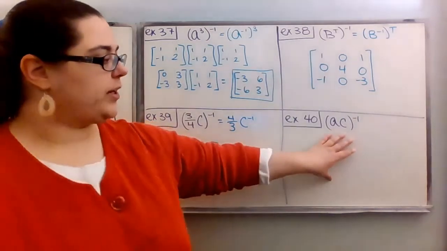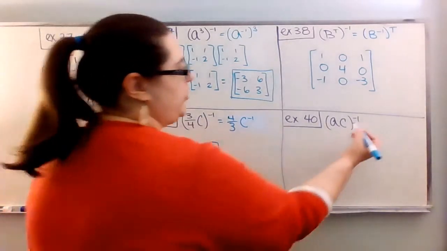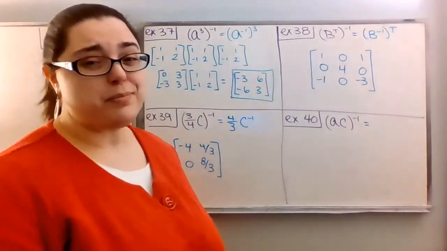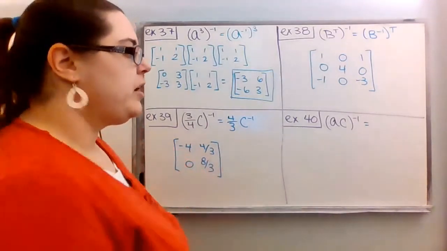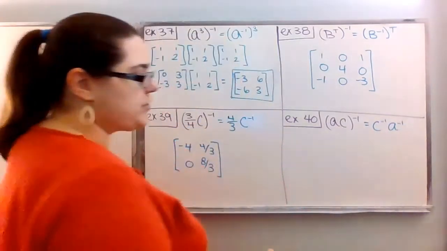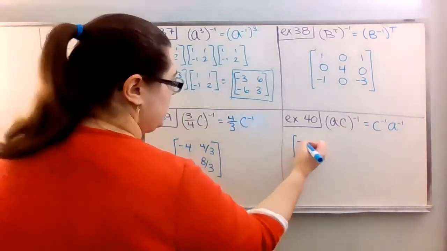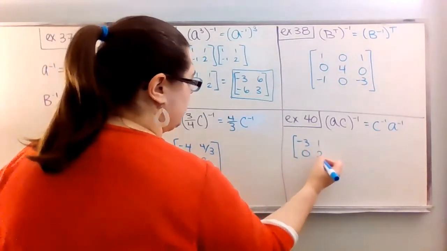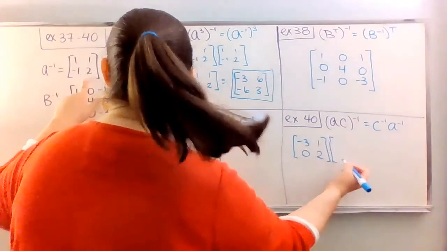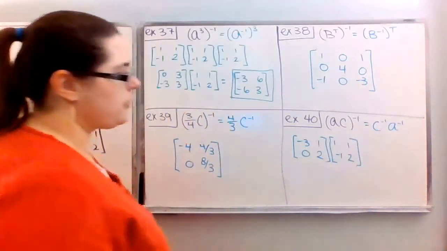And lastly, we're going to find the inverse of the product AC. We can do that by finding the product of the inverses, but remember, you have to change the order. So this is going to be C inverse times A inverse. So I'm going to rewrite these over here. We've got -3, 0, 1, and 2. And then we have 1, 1, -1, and 2.